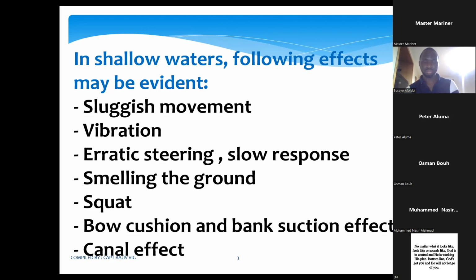Like when entering the channel, for instance, if you're going against current, it is best that you should be close to the other end of the channel before altering your course, so that the current will push you when you alter course.